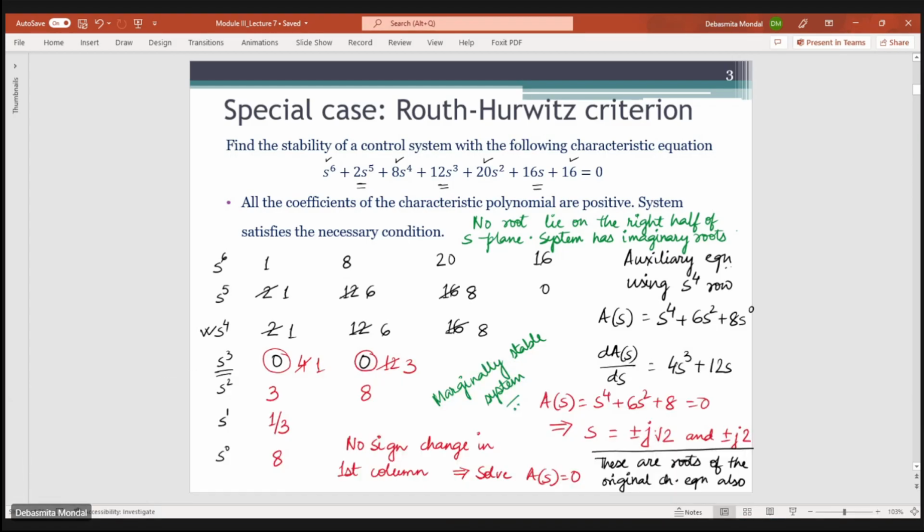Okay, so depending on the characteristic equation which is provided, after making this Routh array, you can comment on the absolute stability of the closed loop system.